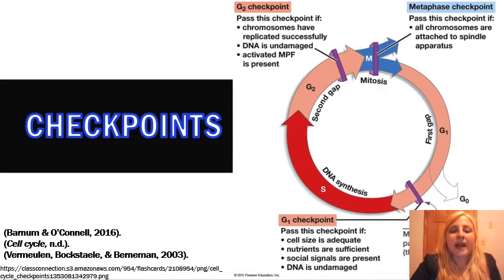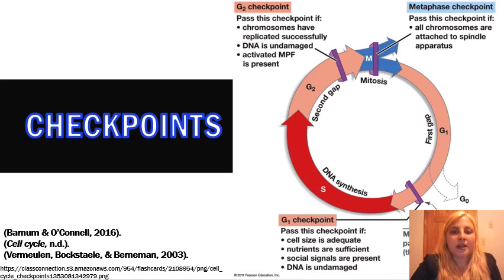As we have discussed, checkpoints exist throughout the cell cycle to ensure proper and precise duplication of cells. First, the checkpoint between G1 and S phases is illustrated by the purple bar in the bottom right of the cell cycle circle.